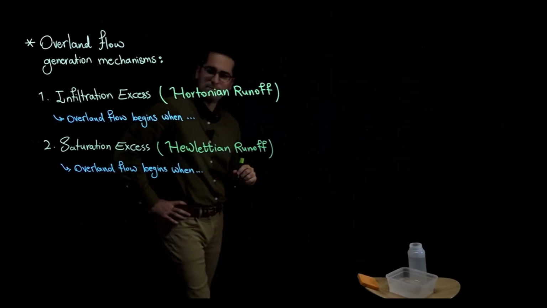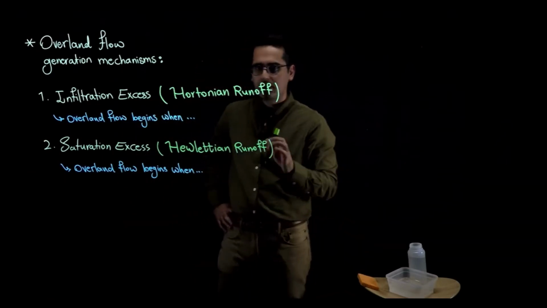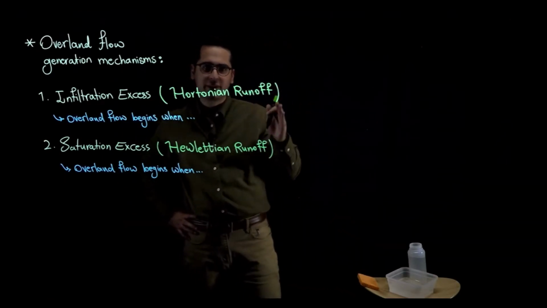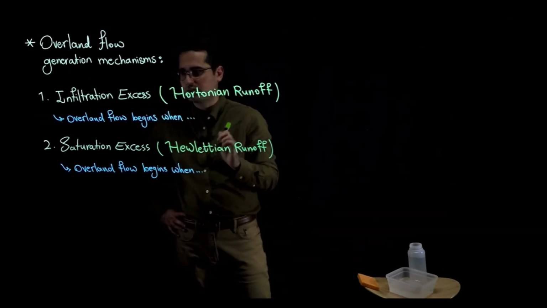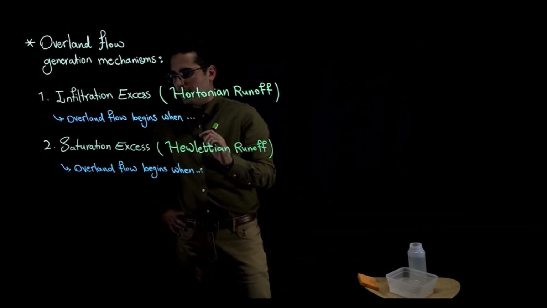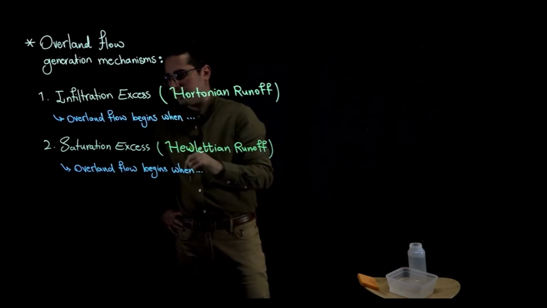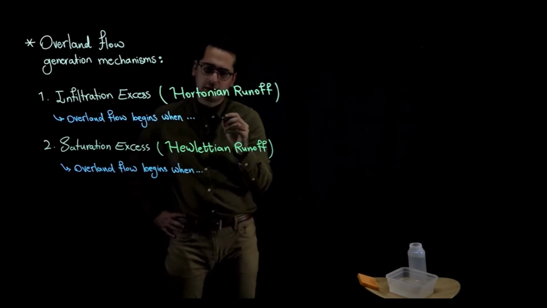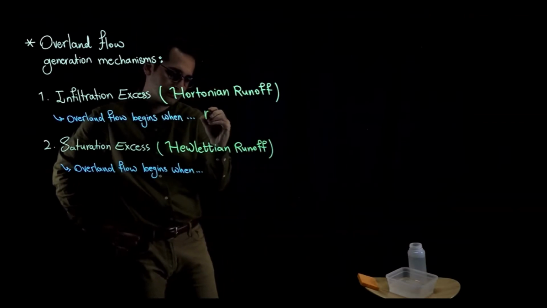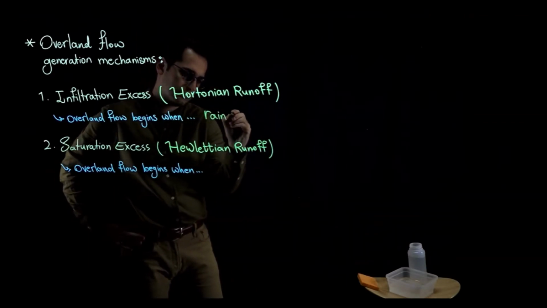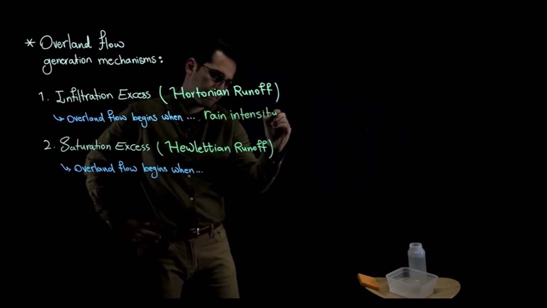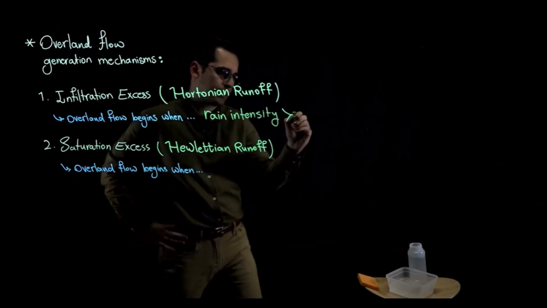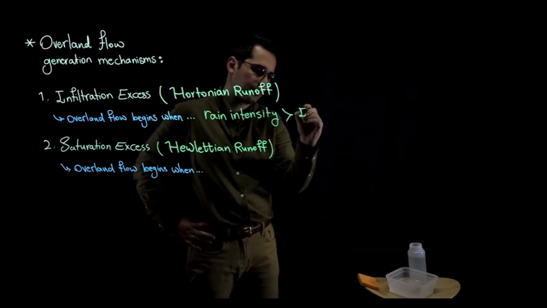All right, I'm going to give you a very quick and small definition of these two mechanisms and then show you an experiment. In infiltration excess mechanisms, overland flow begins when rainfall intensity is greater than infiltration capacity.